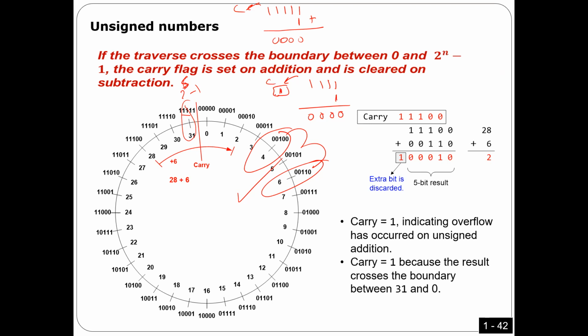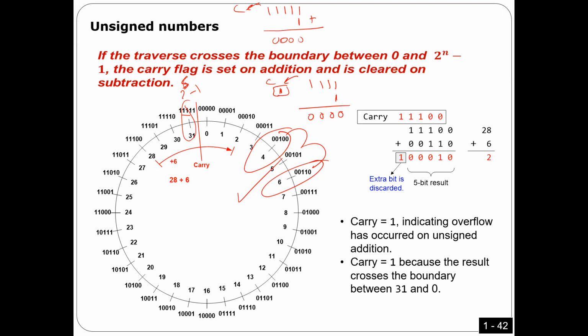Is that okay? So if you do it using the machine, if you add 4 bits plus 4 bits and put the result in 4 bits, you are going to get 0, 0, 0, 0, and then there is a carry. If I ask you to correct it, because these are unsigned numbers, this carry can come here and you will get a correct answer.